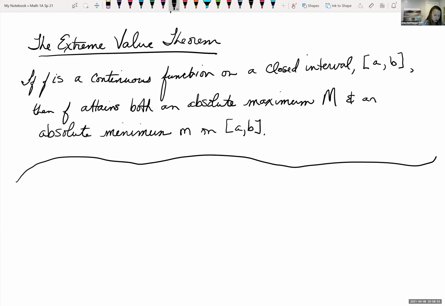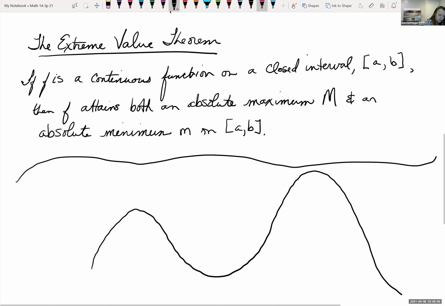Remember when we were looking at derivatives, if we had some maximum or minimum point, we knew that the slope of our tangent line at that particular value on the graph was equal to 0.